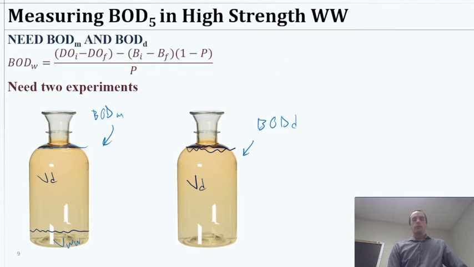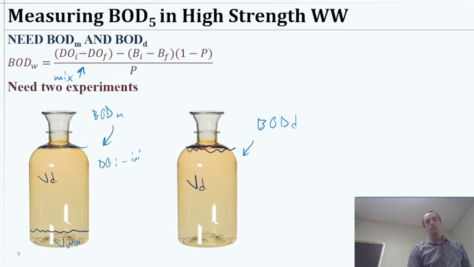And the way we're going to phrase this is, for the mixture, this portion of it, that's going to be the DO initial. So DOI is initial dissolved oxygen, as we talked about earlier, and DO final is the final for this one.